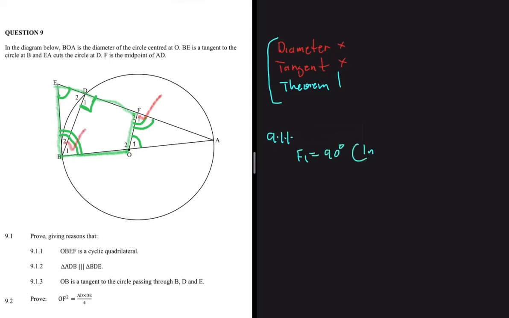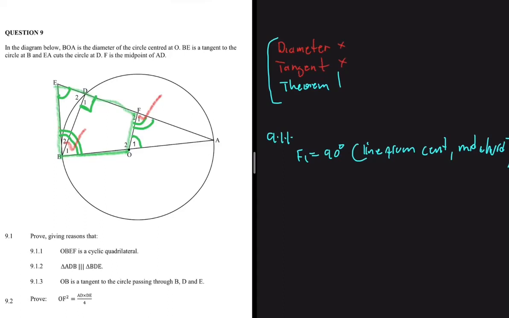We have a line from the center to the midpoint of a chord, right? That angle there should be 90 degrees. But then we need the interior angle B to also be equal to 90 degrees. And then we will have proved that OBEF is a cyclic quadrilateral.